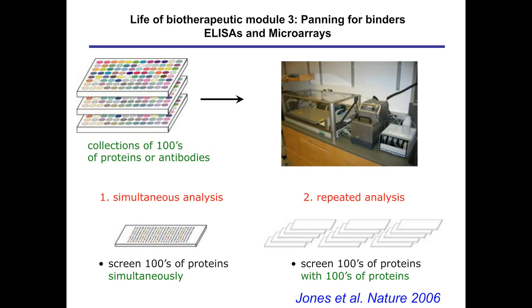So in this method, we used protein microarrays. We took the collections of hundreds of SH2 domains and arrayed them onto the surfaces of glass slides. Using this method, you're able to screen the interaction potential of hundreds of proteins on the slides simultaneously with hundreds of other fluorescently labeled proteins or peptides.